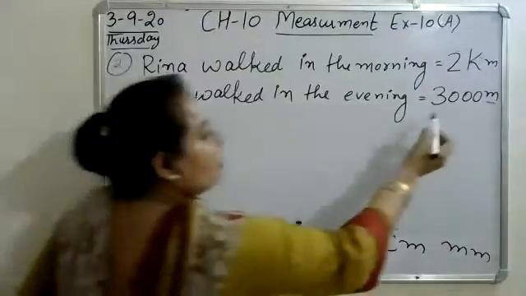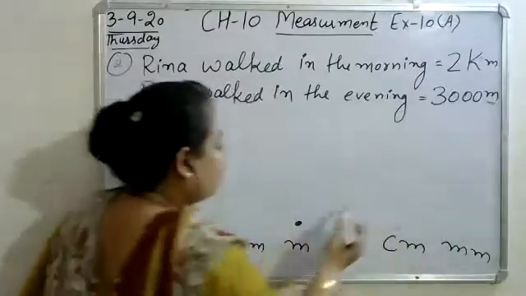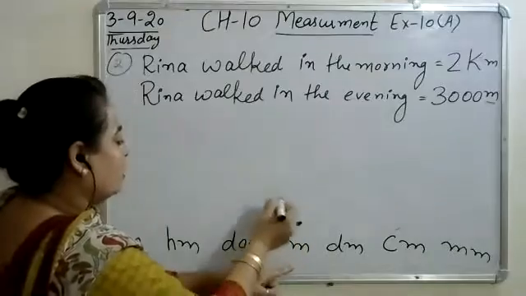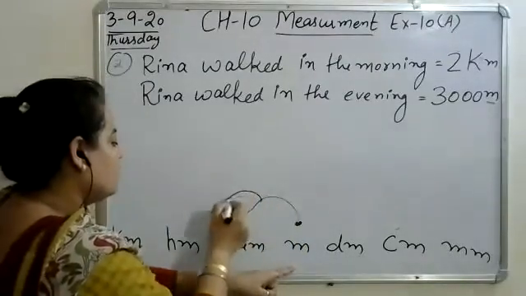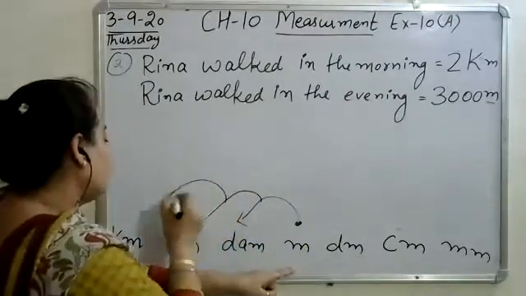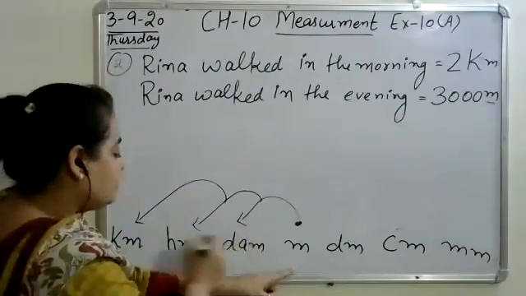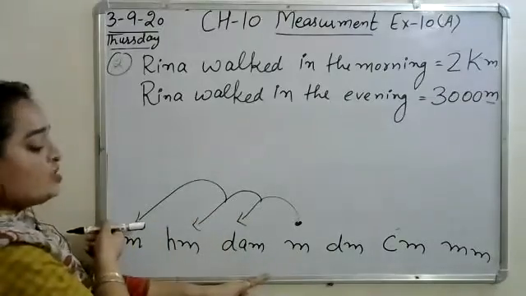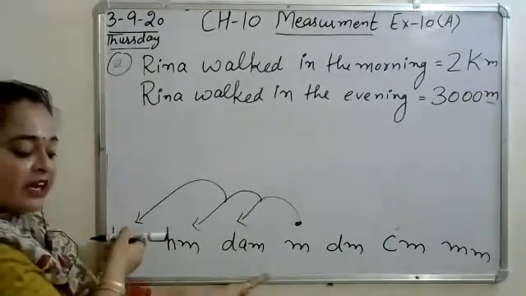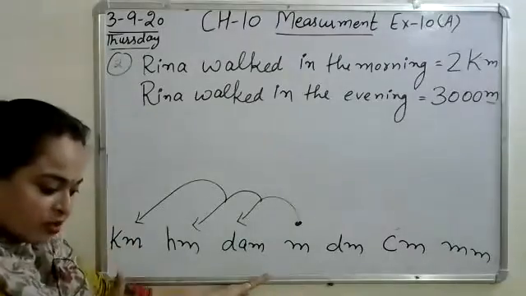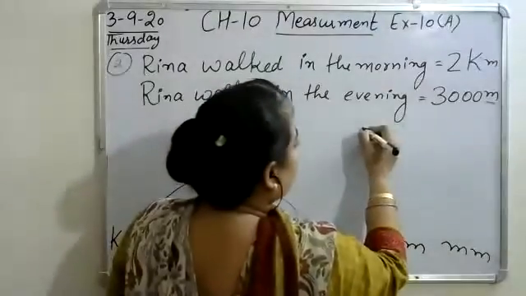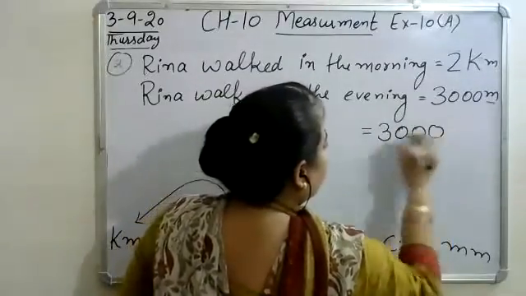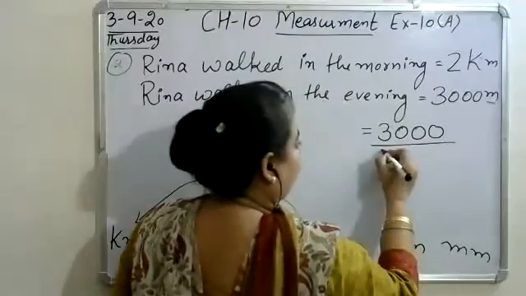So 3,000 meter means you are here and you want to reach kilometer. This is 1, this is 2, this is 3. 3 jumps towards left hand side, which means divide. Very good response, Raghav. So here you will write 1, 2, 3 zeros divided by, not multiply.